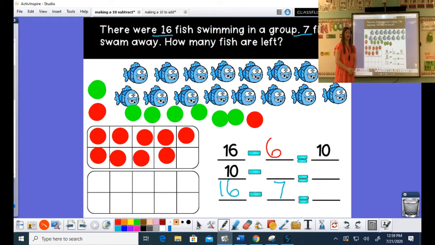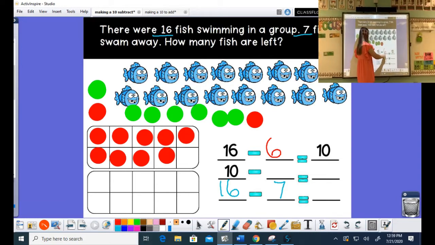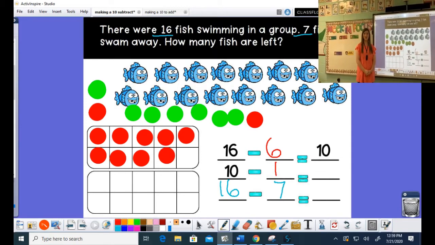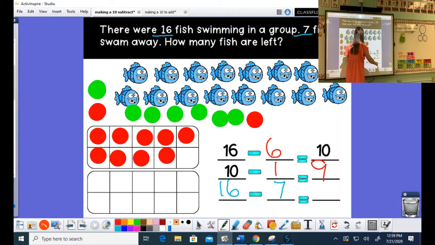How many red counters did I take away to get to 7? That's right, 1. So we're going to write that in our new number sentence. 10 minus 1. What is 10 minus 1? That's right, 9. So that means 16 minus 7 equals 9.